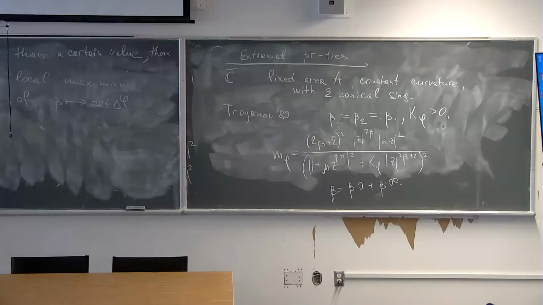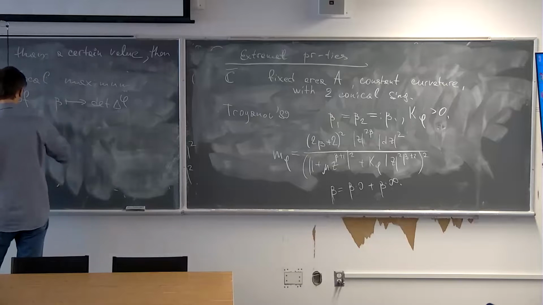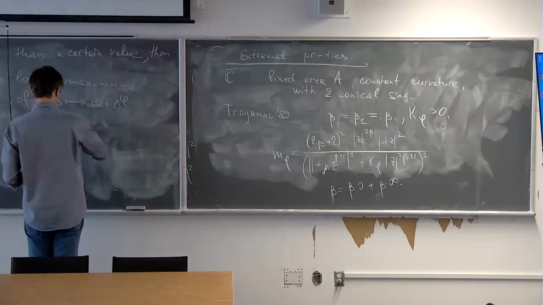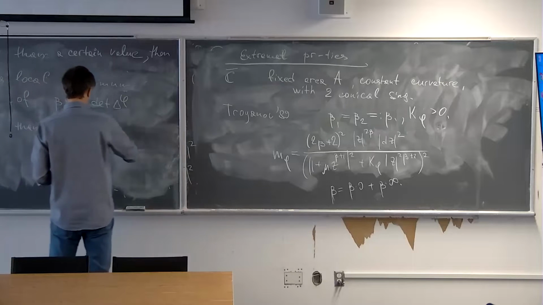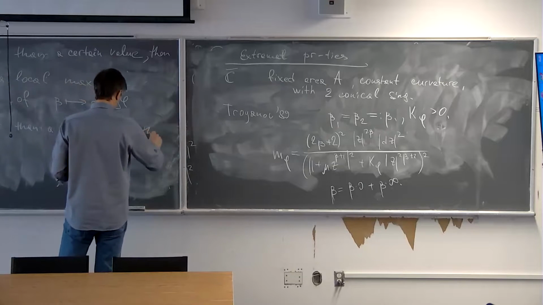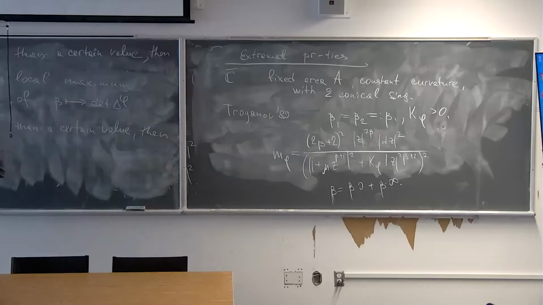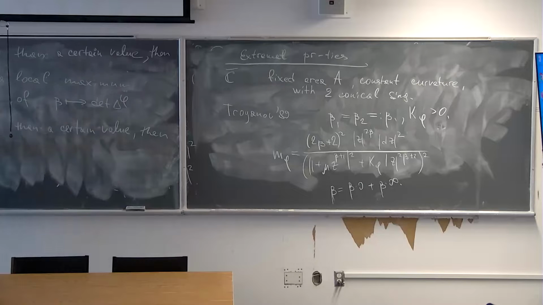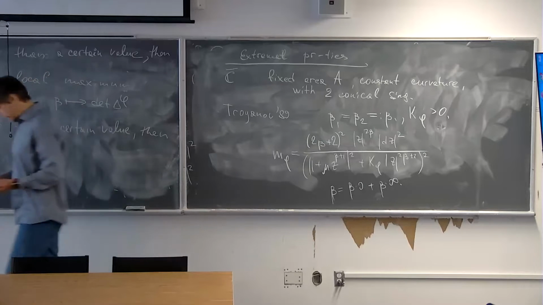Number 4: if A is smaller than another, possibly different, certain value, for example, if the area is less than 1, then it is sufficiently small.